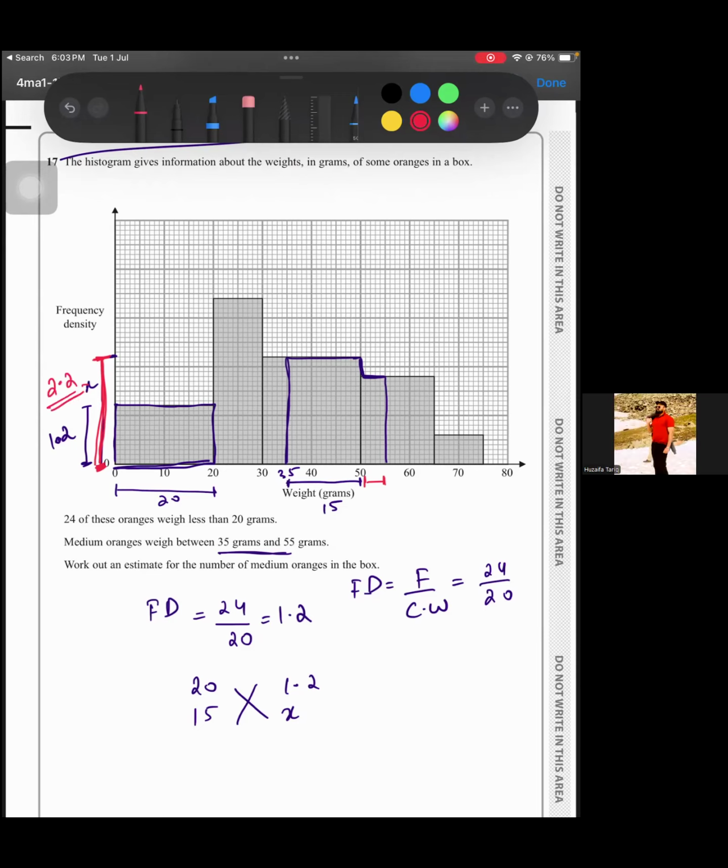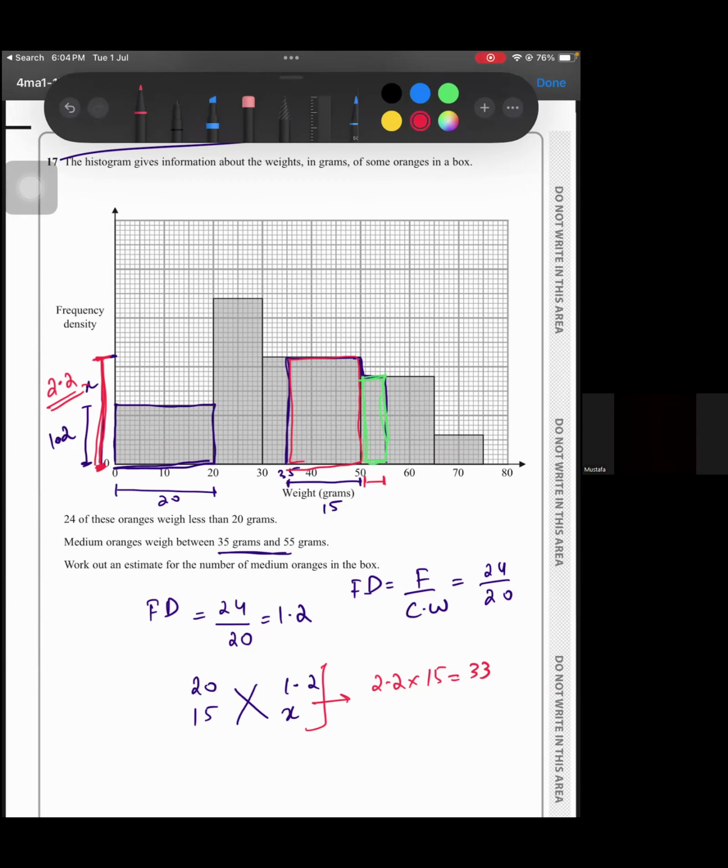Now, if it is 2.2, then 2.2 will get multiplied with 15 to get the answer of this whole box, this red one. So it's 2.2 times 15, which is equal to 33. And if we talk about the third one, this box's height should be 1.8.